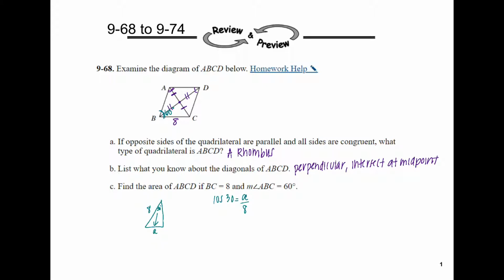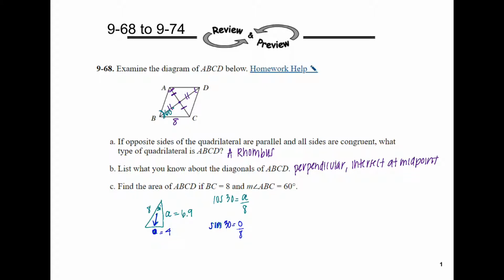So when we multiply that, we get approximately 6.9. The opposite side, we can use the sine of 30 degrees is equal to the opposite side over 8, which is 4.